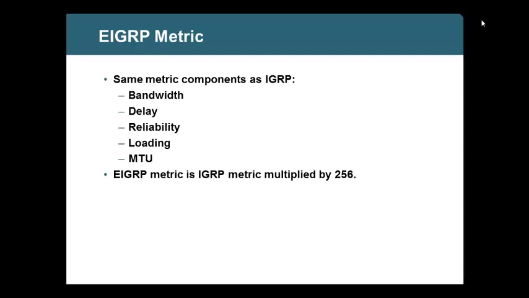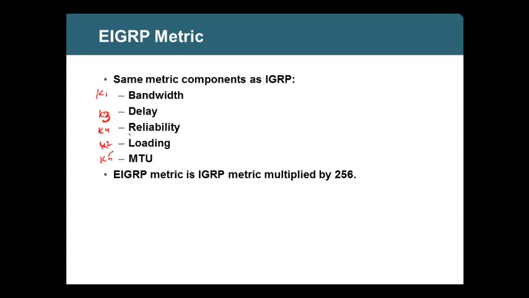What do these K values mean? They are the 5 parameters that EIGRP wants to use: K1, K2, K3, K4, K5.